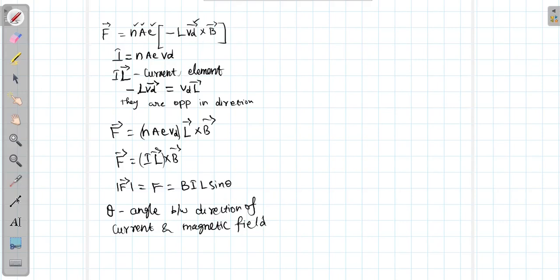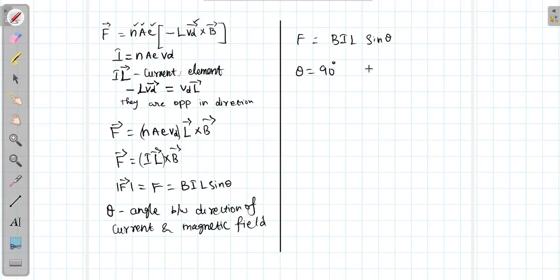Now we have some special cases. We already discussed that whenever a trigonometric term comes, we have maximum and minimum conditions. So F equal to BIL sin theta. When theta equal to 90 degrees, F becomes BIL maximum.